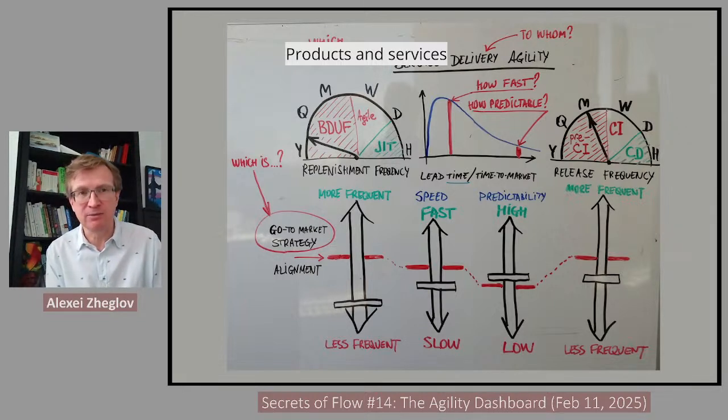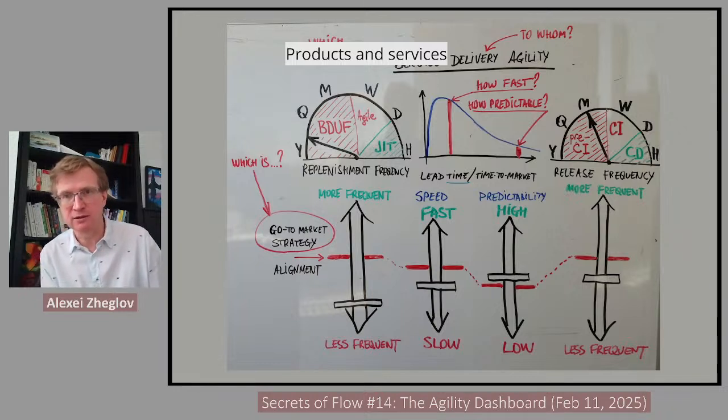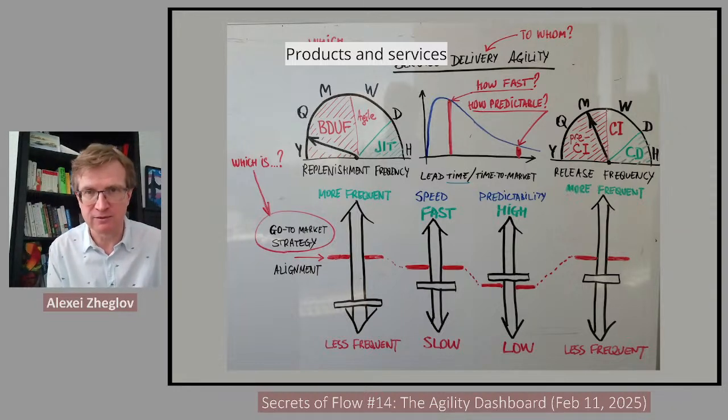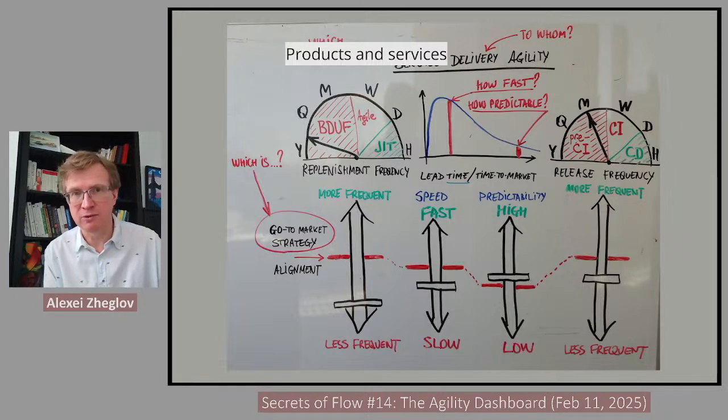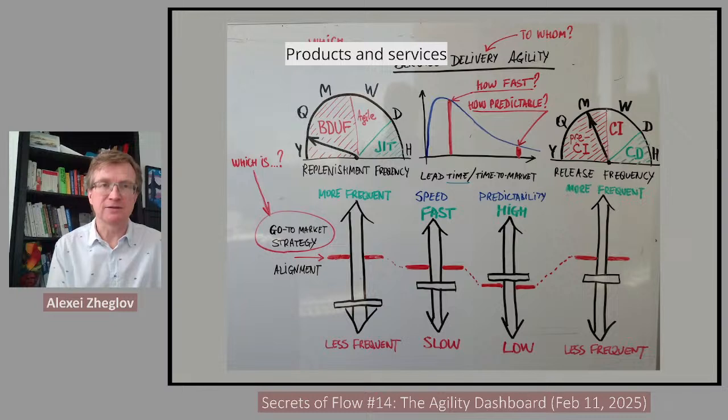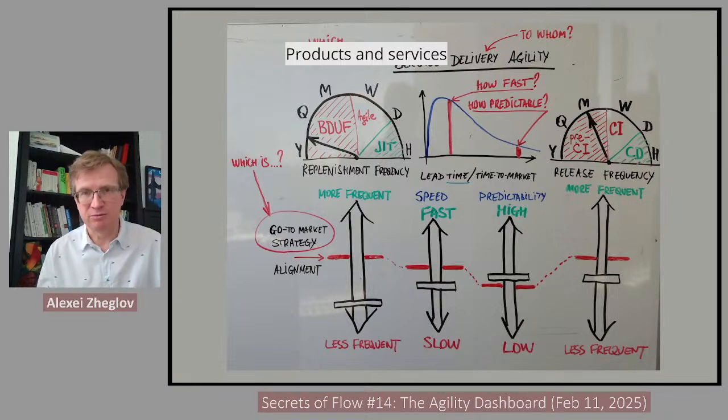So investments in downstream delivery, such as increasing frequency, making the process faster, making it more predictable, enable that fast-paced experimentation that you need to do in order to figure out the right thing to build. So the two sides are kind of interconnected.